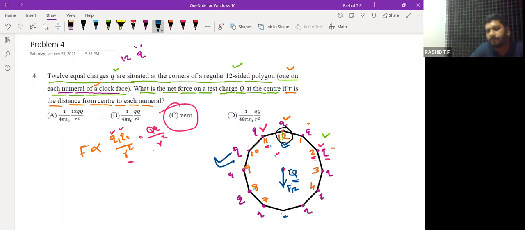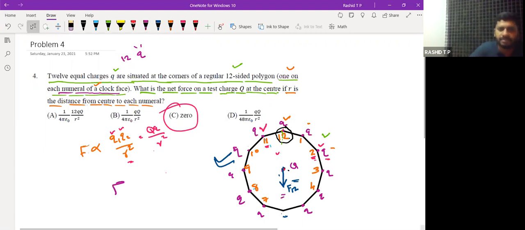Then all other forces might have cancelled, but in this direction you don't have any force. Therefore, this charge placed at the center, Q, will experience a force along this direction.